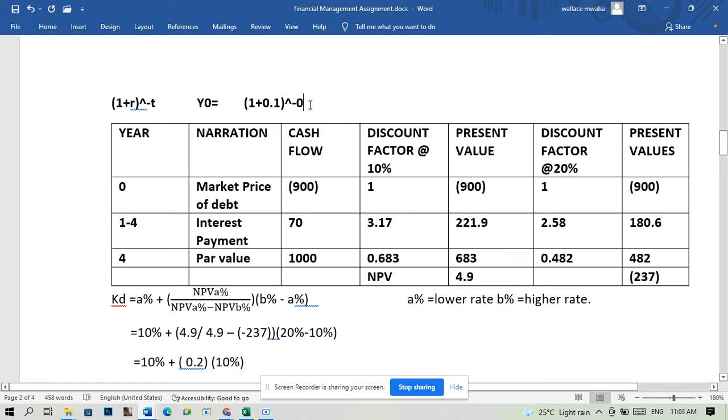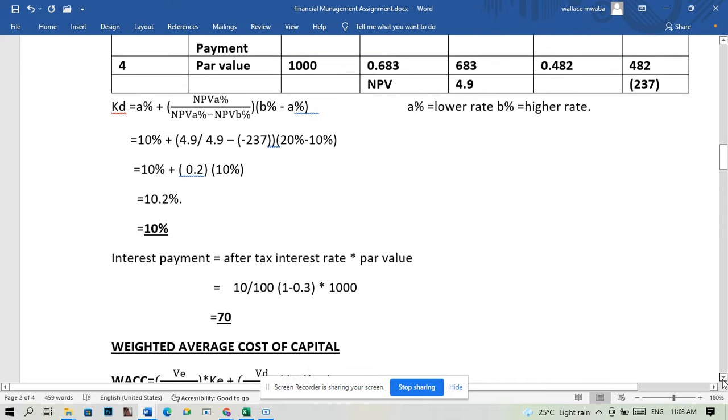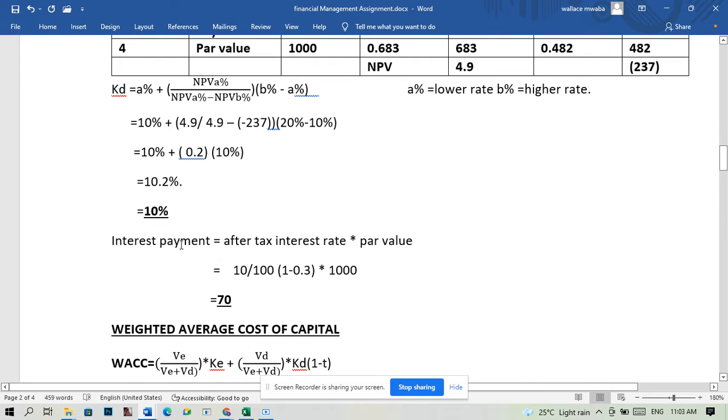Then from year 1 to 4, we're going to get the interest payment. To calculate the interest payment, you're going to say after-tax interest rate times the par value. Remember the interest rate was 10%, so you say 10 over 100.